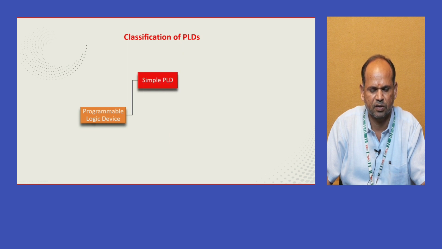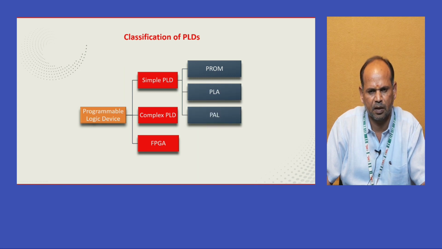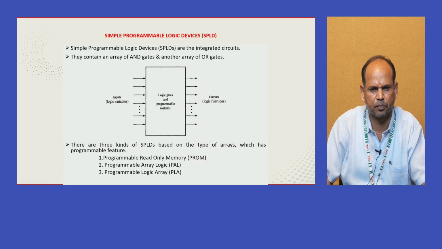See the classifications of programmable logic devices: simple PLD, complex PLD, and the field programmable gate array. Again, the simple PLD is divided into three types: PROM, PLA, and PAL. The first one is the simple PLD, or the simple programmable logic devices.